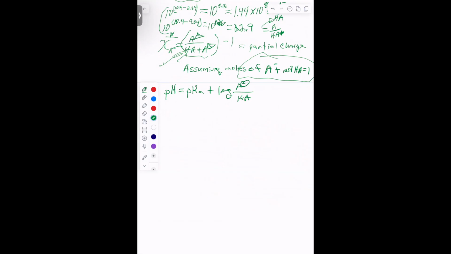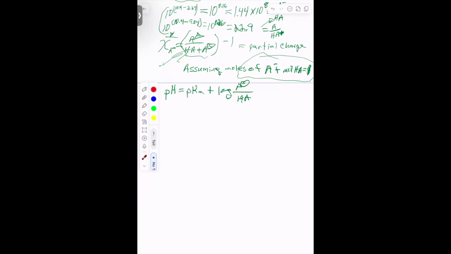So we need to figure out, if we have a total of 1 mole, the sum of A minus and HA is 1 mole, we can get the ratio to give us the desired pH from the Henderson-Hasselbalch equation, and then use this relationship right here, moles of A minus plus moles of HA, plus the ratio.